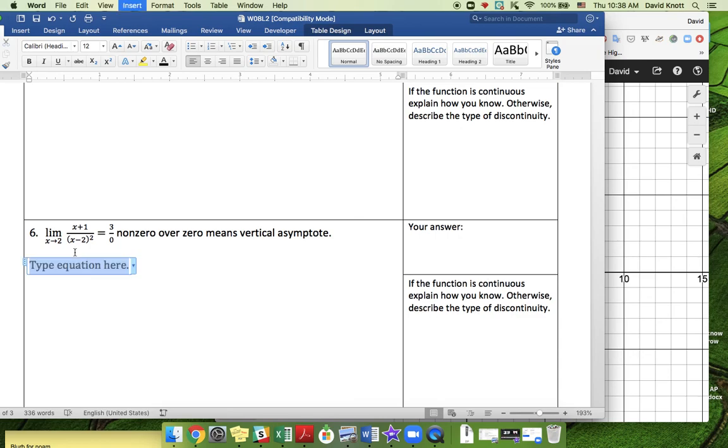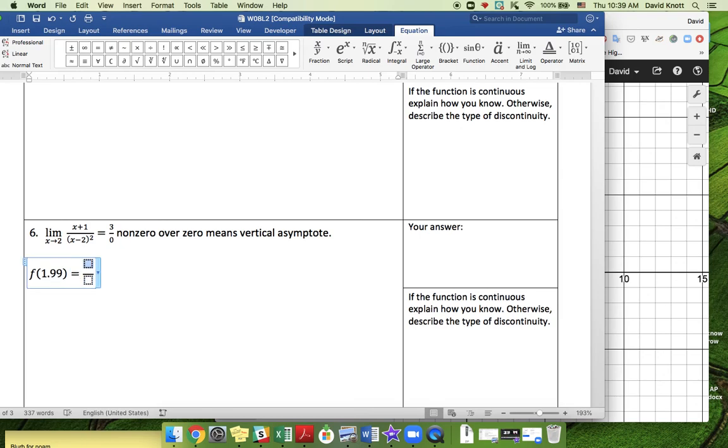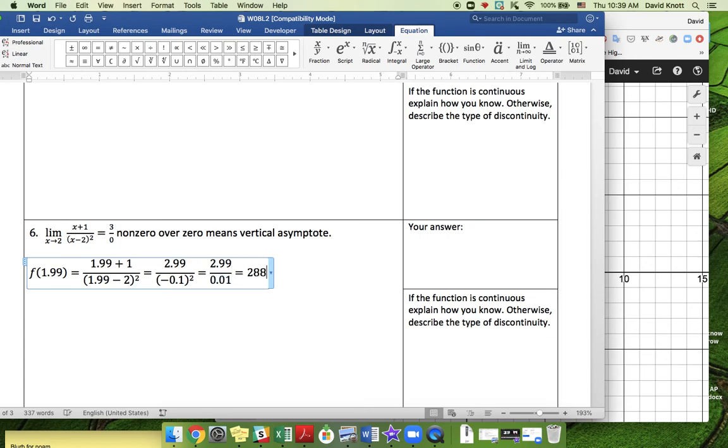What you can do, just like before, is plug in a number just to the left of 2 and a number just to the right of 2 and see what you get. If you plug in a number just to the left of 2, like 1.99, you have (1.99 + 1) over (1.99 - 2) squared. So that's going to be 2.99 over (-0.01) squared, which is 2.99 over +0.0001, which is like 29,900.